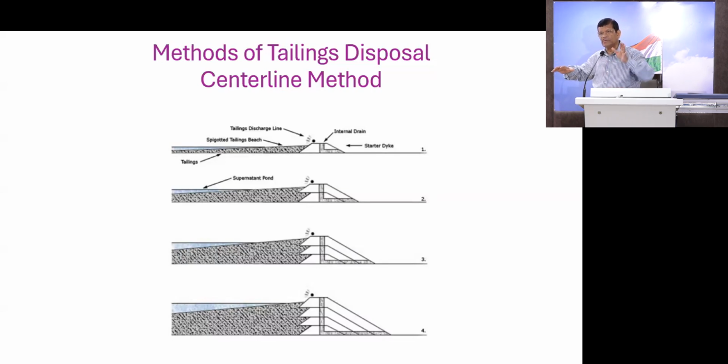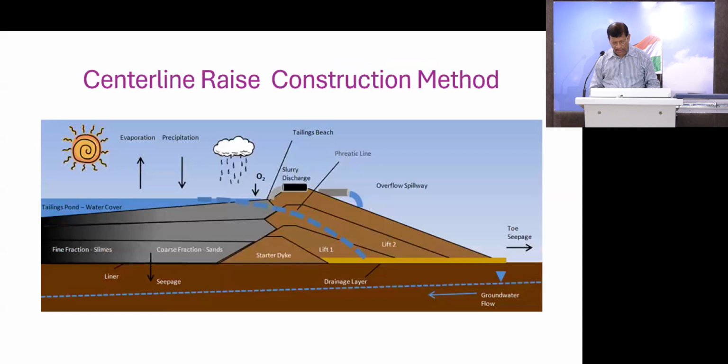The upstream one you raise in the upstream direction, the downstream one in the downstream direction, but in the center line you raise it vertically. And the same thing here, you need a filter, and any water coming into it can be filtered out and seep out at the bottom. So you can see that this is the final method.